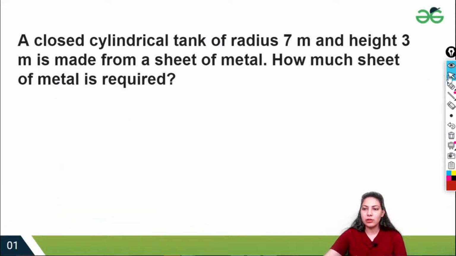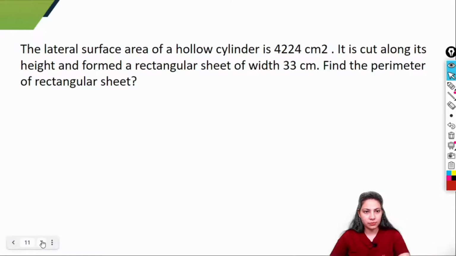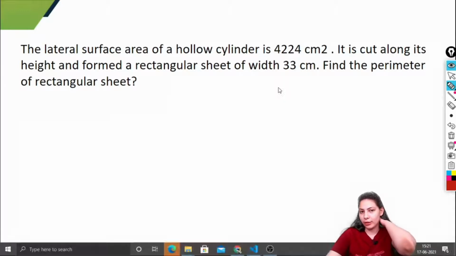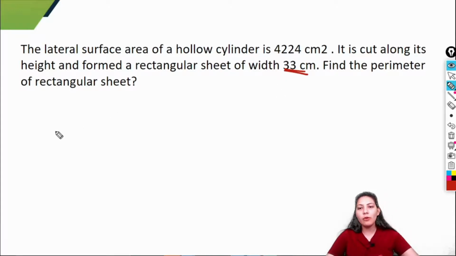Let us move on to our other question. Now the lateral surface area of a hollow cylinder is 4224 cm square. It is cut along the height and formed a rectangular sheet with the width of 33 cm. Find the perimeter of the rectangular sheet. Okay.